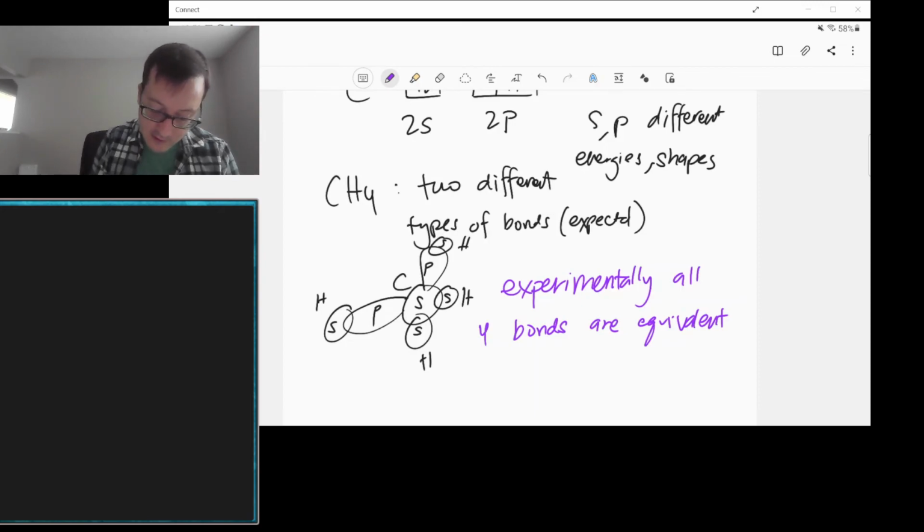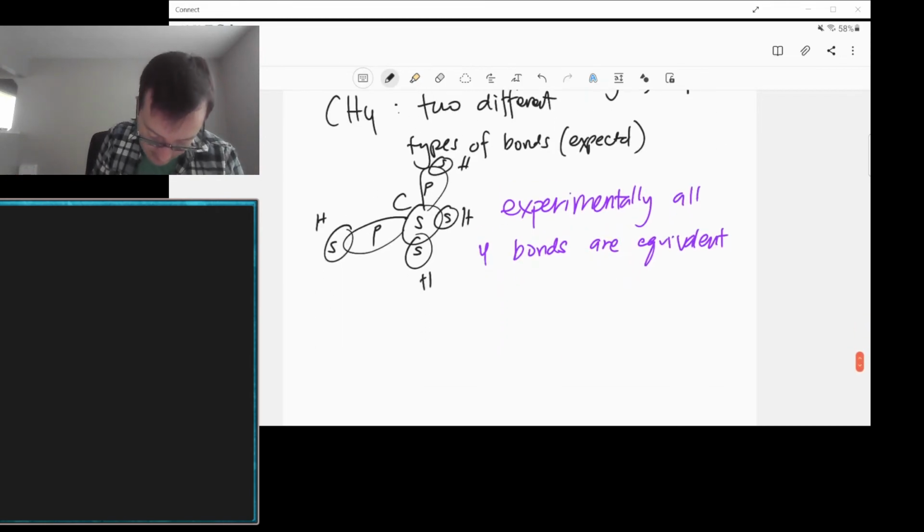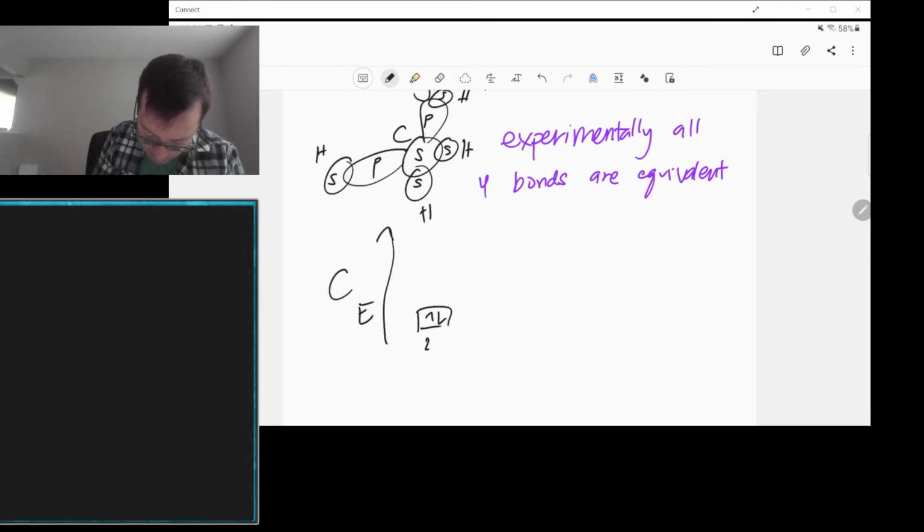And so hybridization theory says, well, we're not really going to have these electrons in different orbitals. What we're going to do is hybridize them. So carbon will, in fact, if we take a look at the energy-wise, let's put the p orbital up here.